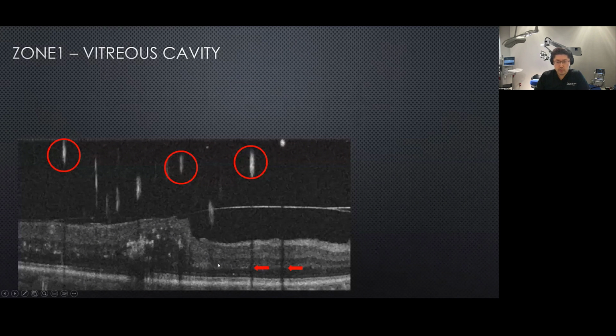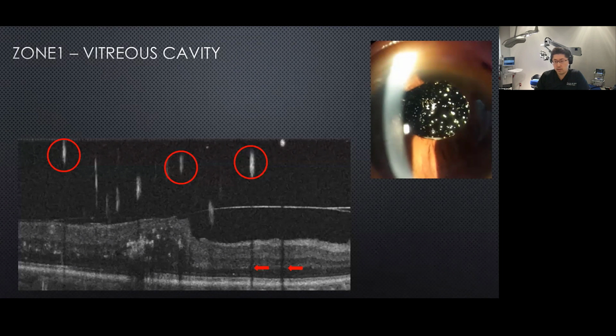And if you can see my cursor, my mouse here, you will see this sort of light blocking transmission defect, signaling that these are truly present in the vitreous, obstructing light, hence casting this shadow on the retina. And so what can this be? These are large refractile bodies in the vitreous cavity. We can all see this in the case of osteoporosis.